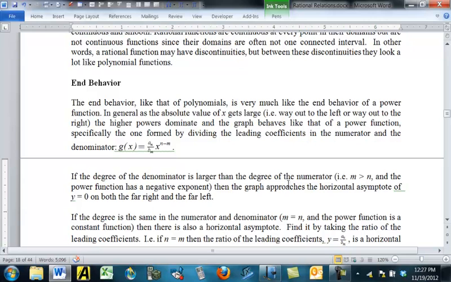It's going to look a lot like this power function, and remember those power functions with positive power are going to go up on the right side. If you have a positive coefficient, it goes up; if you have a negative coefficient, it'll go down on the right side. We'll see this a little bit more in some examples.